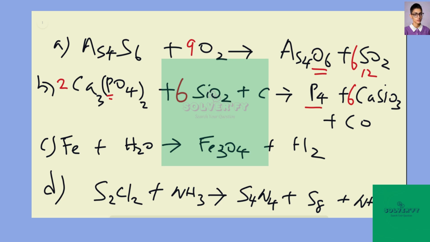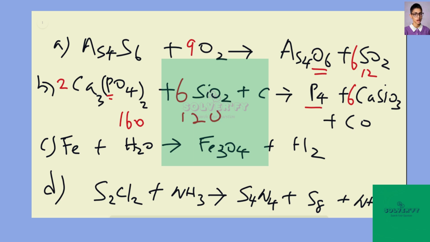On the left, in calcium phosphate, we will have 2 times 4, which is 8, times 2 is 16 oxygen. And then we will have 12 oxygen from 6 SiO2.